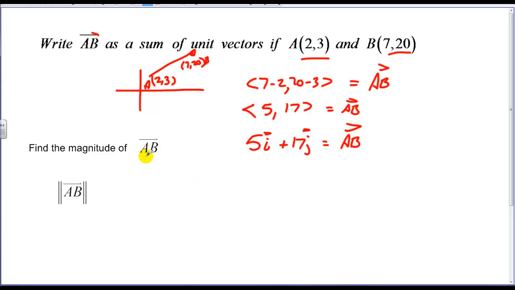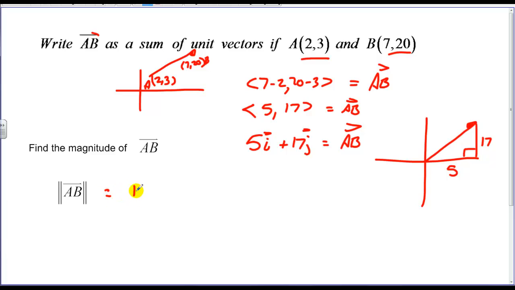If I want to find the magnitude of AB, keep in mind magnitude just describes how long it is relative to its distance from the origin in standard position. And if I know it has a horizontal length of 5 and a vertical length of 17, I can find its magnitude. Notice magnitude is given by these double sets of what look like absolute value signs. I can just do a Pythagorean calculation to find out this guy's length.